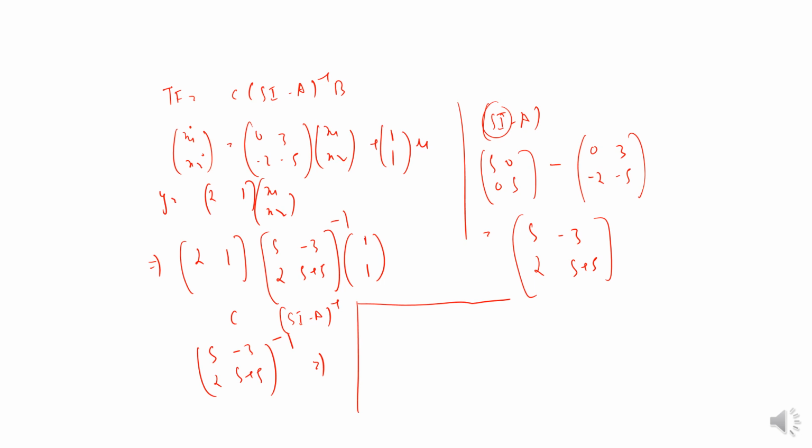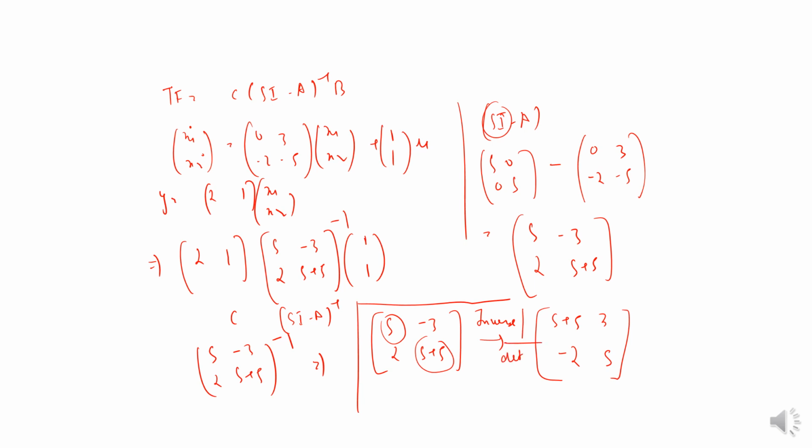If I have a 2 by 2 matrix, how do I find the inverse? For the matrix s, minus 3, 2, s plus 5: first, you interchange the positions of the diagonal elements, s plus 5 and s. For the off-diagonal elements, you multiply by the opposite sign, so minus 2 becomes 2... that is, 3 and minus 2 with opposite signs, all multiplied by 1 by the determinant.